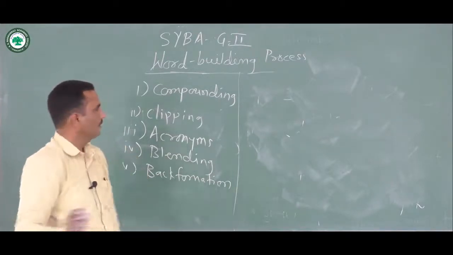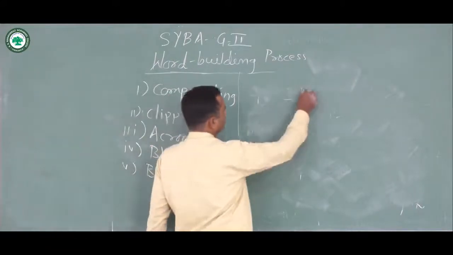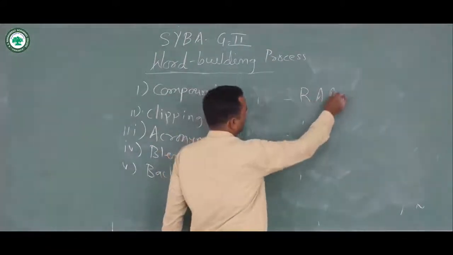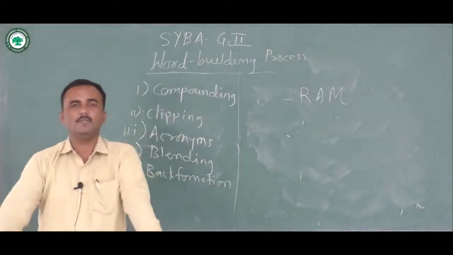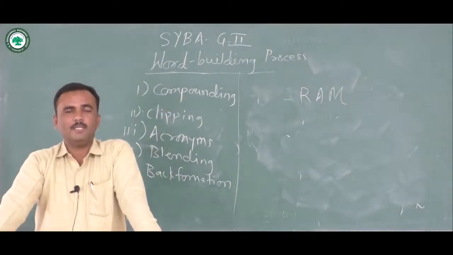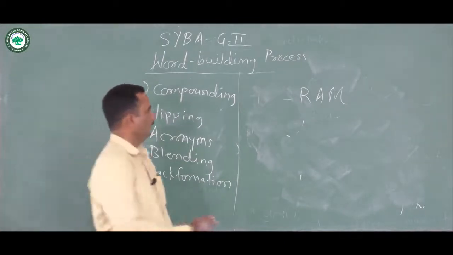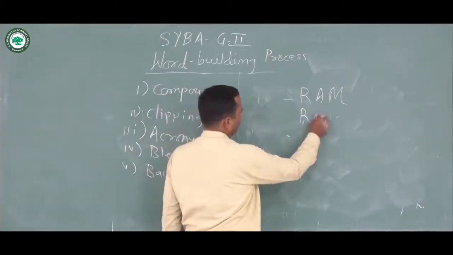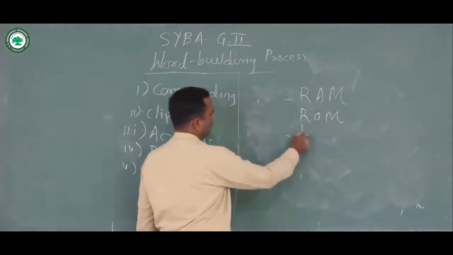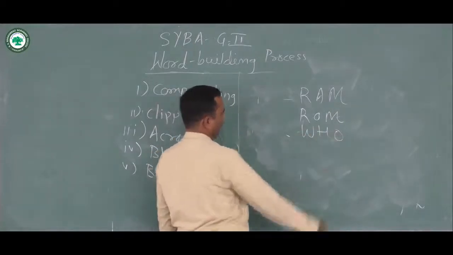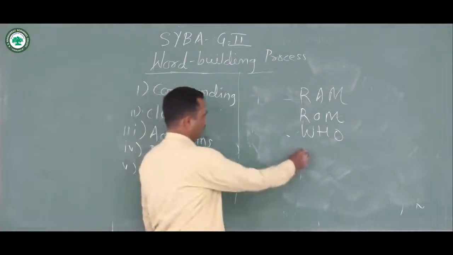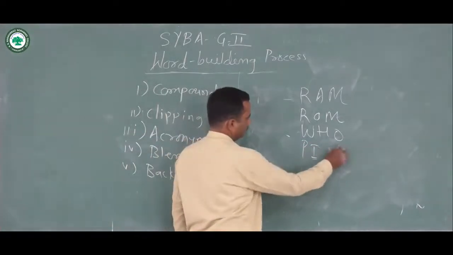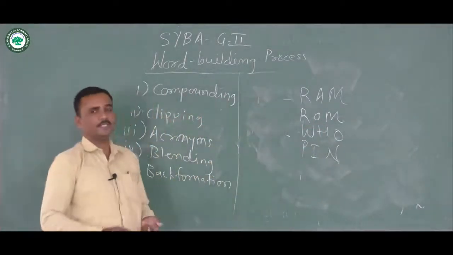For example, RAM. Nowadays we consider RAM a word, and it is the acronym of random access memory. Or a word like ROM, read only memory, or WHO, World Health Organization. Then PIN, personal identification number.